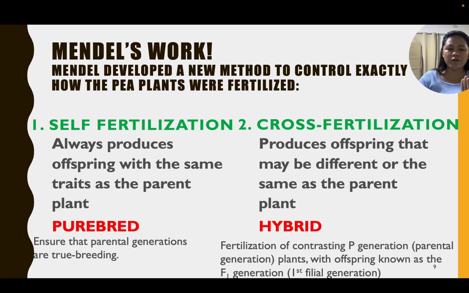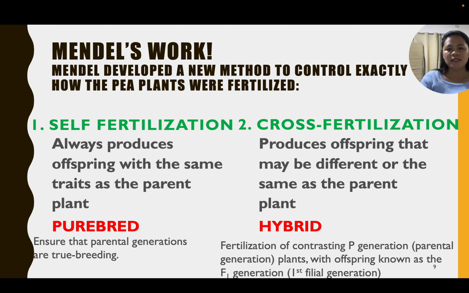So, fertilization of contrasting parent generation of plants with offspring known as the F1 generation or the first filial generation, followed by the second filial generation, third, fourth, so on and so forth. So, ganun yung ginawa ni Mendel, gitrace niya from parent to first generation, second, so on and so forth.